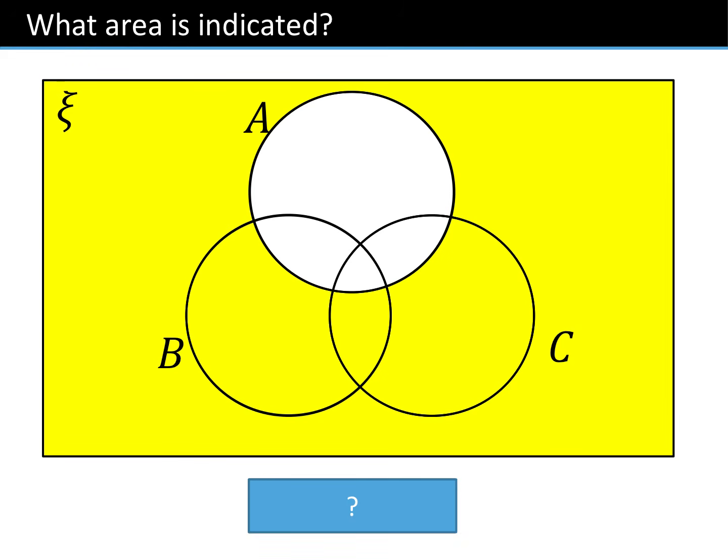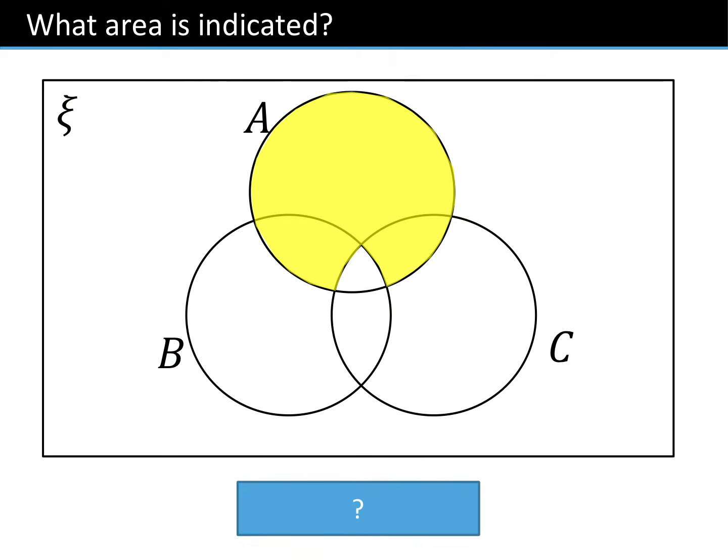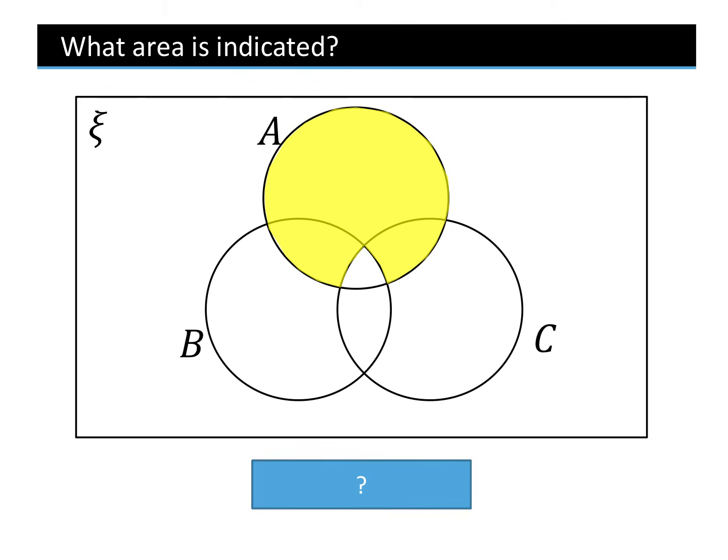Okay then, how about this question? What is it? It's not A, which is A dash. What do we have here? We have A intersection B intersection C not.